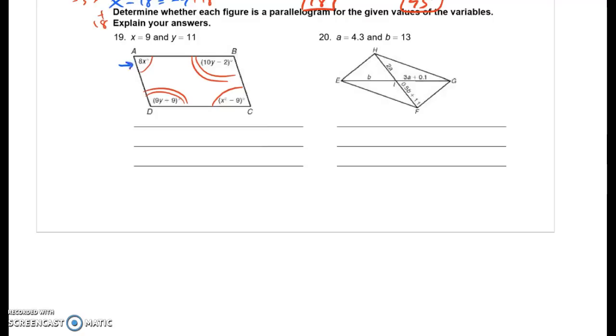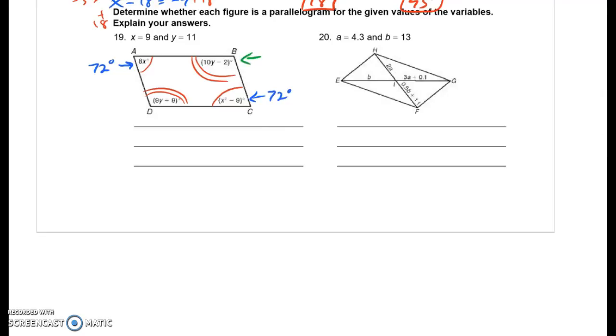So for angle A, 9 times 8 is 72 degrees. Let's check this one over here. X squared. We get 9 squared, which is 81, minus 9 is 72 degrees. So far, so good. Next one.